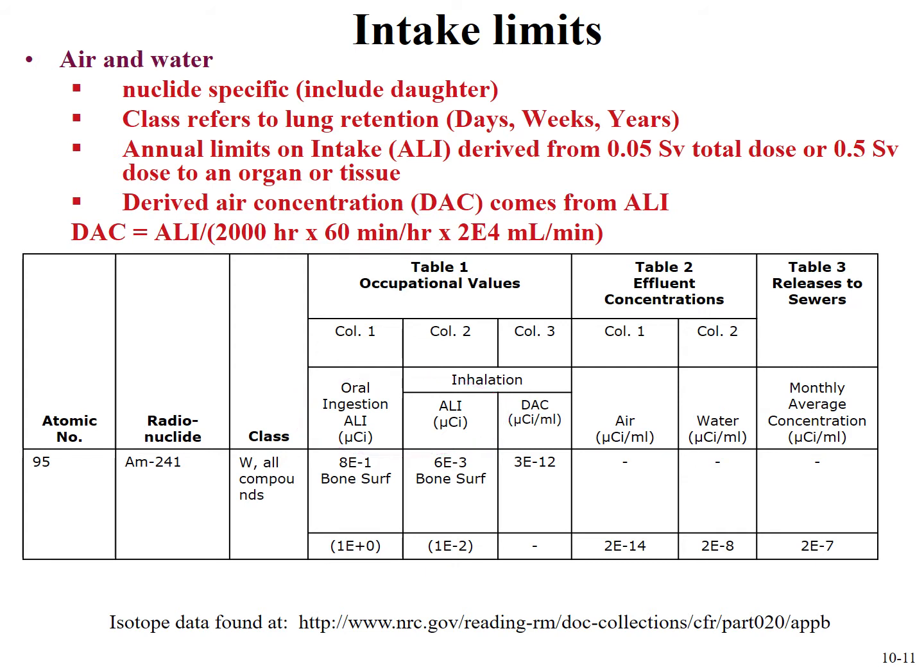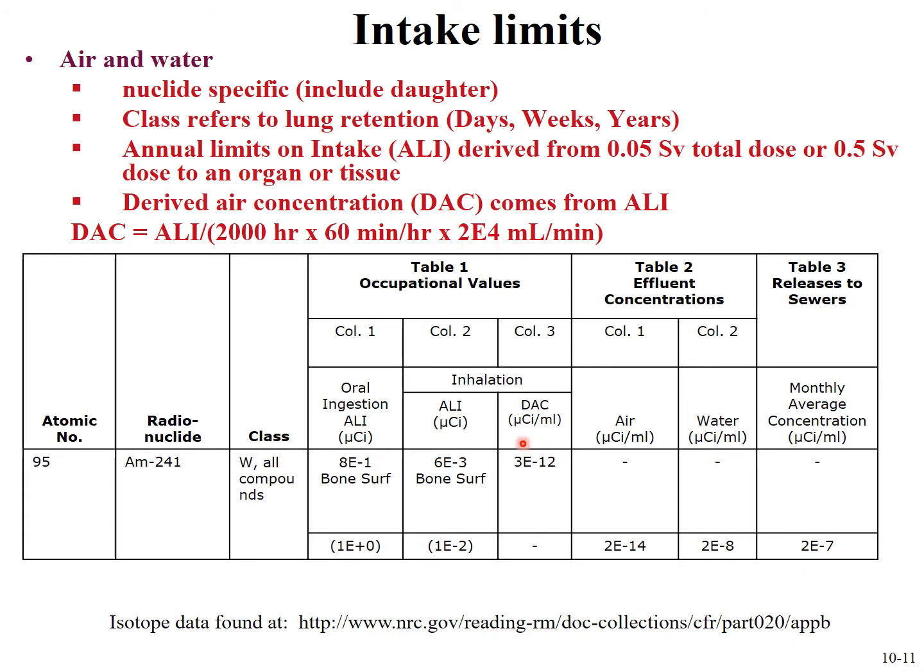Another unit is the derived air concentration, the DAC, and this comes from the annual limit on intake. It's the assumption that there's a certain radionuclide in the air, and it's based upon the ALI, the annual limit on intake, assuming that you would be breathing this air for 2,000 hours, which would be a typical work year, and that your exchange of air is listed here as 2 times 10 to the 4th milliliters per minute.